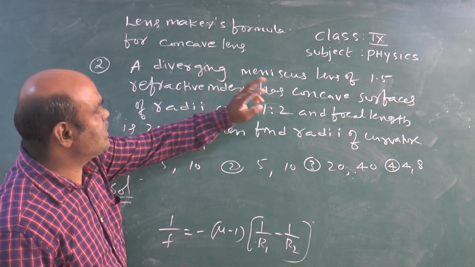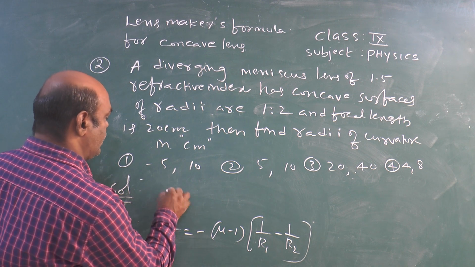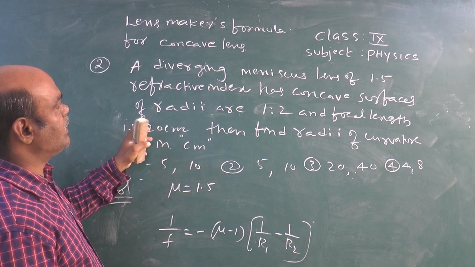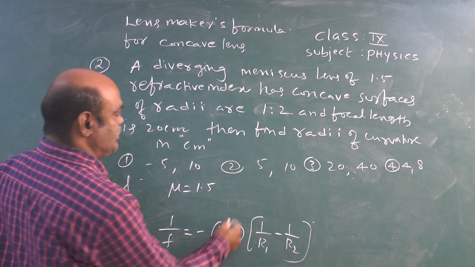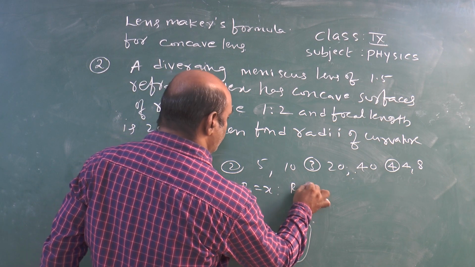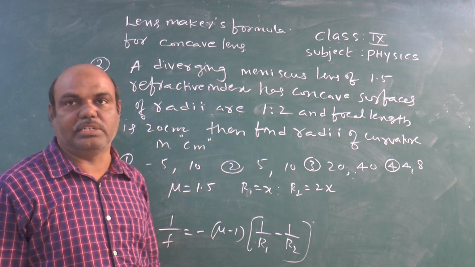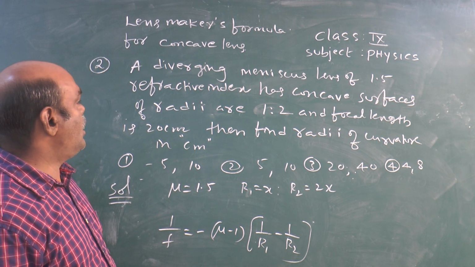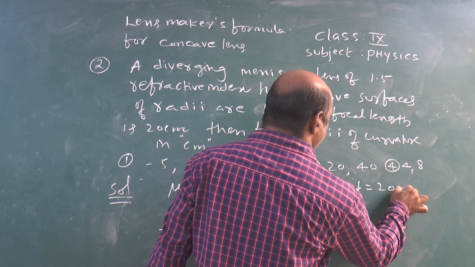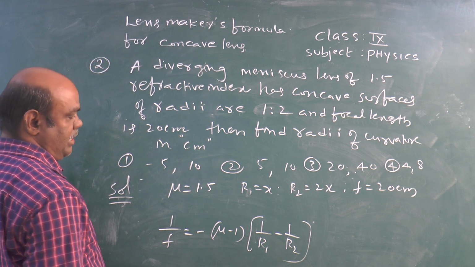A diverging meniscus lens of 1.5 refractive index, so here mu equal to 1.5. It has concave surfaces of radii 1:2, so R1 equal to x, R2 equal to 2x. And focal length is 20 centimeter, so f equal to 20 centimeter. Then find radii of curvature.